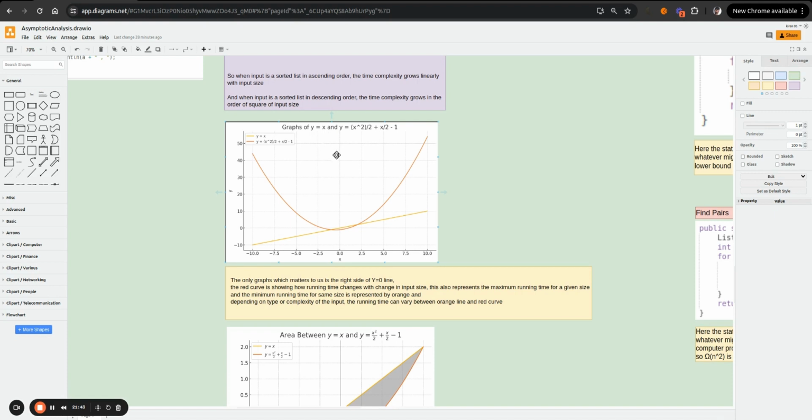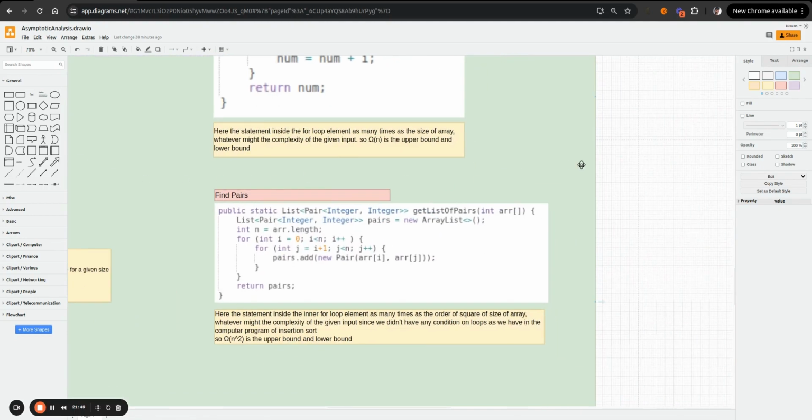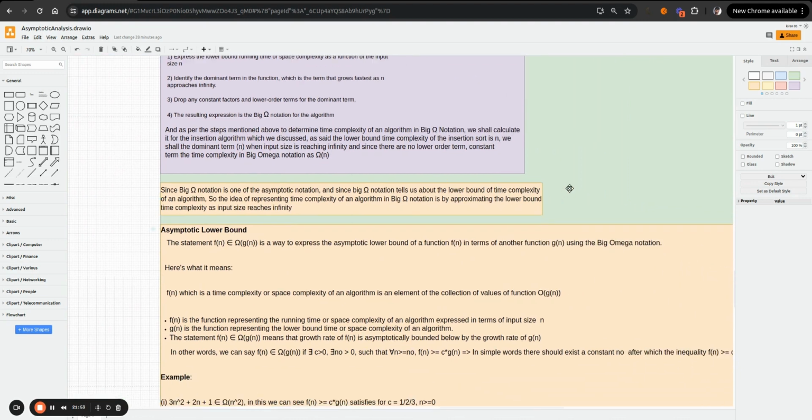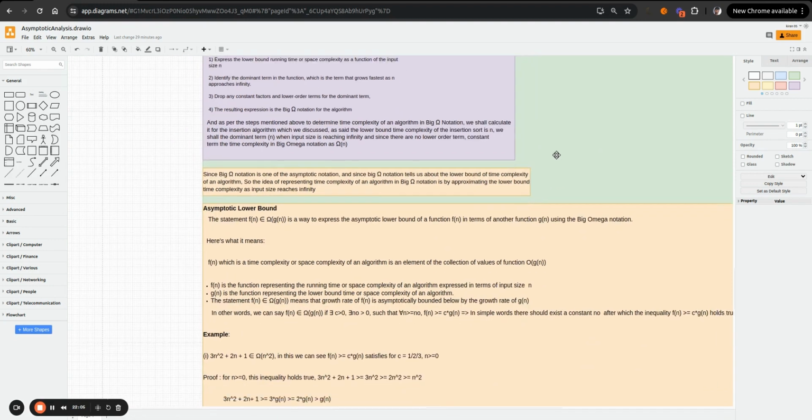It can take any value from 2 to 4. It can be 3 or 2 or 4. So that is the concept of it. The big omega notation does not tell the exact time complexity, but it only tells the minimum time complexity, or the lower bound time complexity, for larger input sizes.